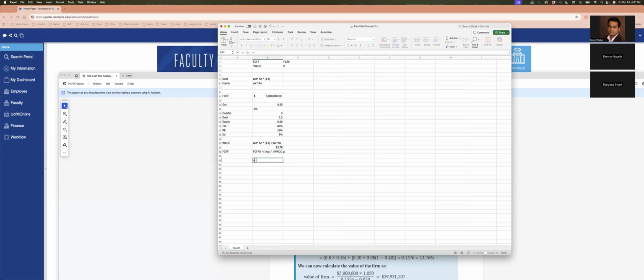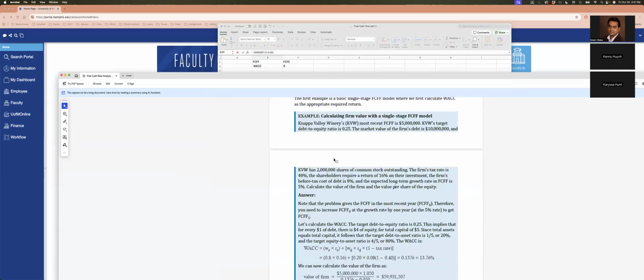So the free cash flow for the firm is 5 million times 1 plus G, 1 plus 0.05. Am I right? The firm is growing at 5% rate, right? Yep. Perpetually.